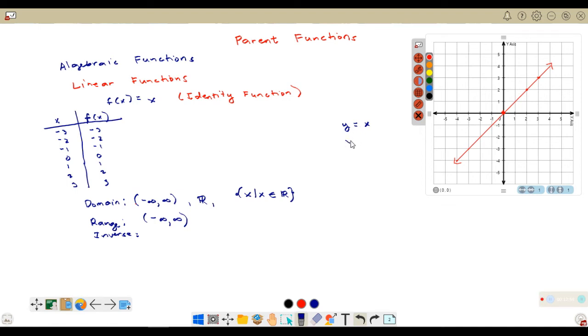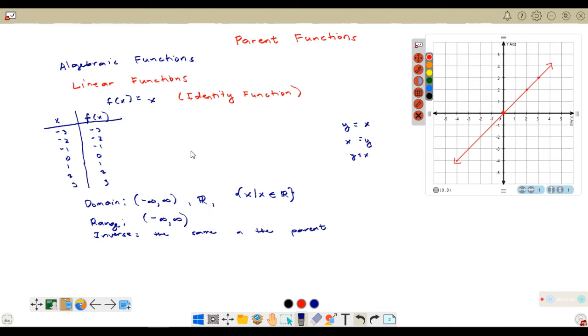So, dito interchange lang daw natin si x at si y. Parehas pa rin. Babalik pa rin siya sa y is equal to x. So, the inverse is the same as the parent. So, kung ano yung parent function niya, yun din ang kanyang inverse. For every linear function, ganun din. For every identity function, ganun.